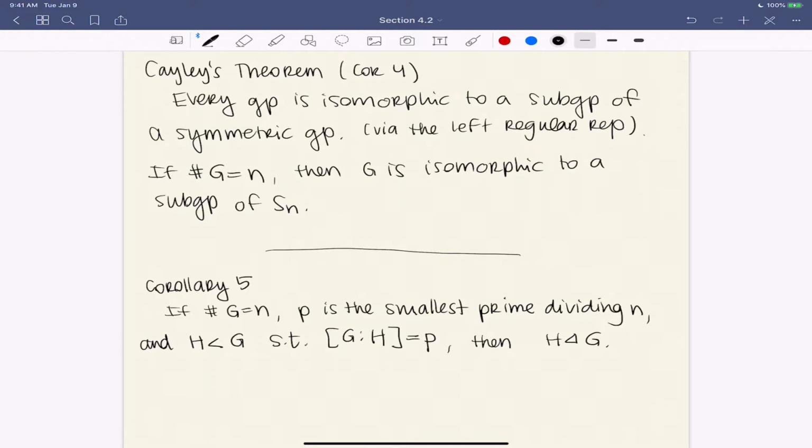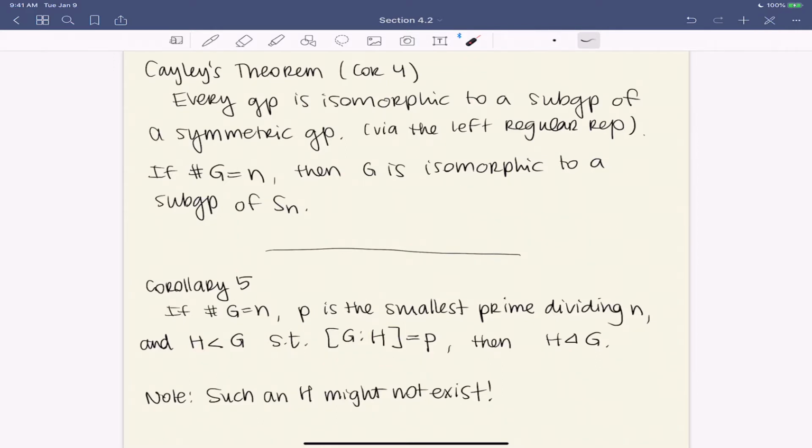I want to make a remark before I sketch the proof. Note, such an H might not exist. If P is any prime dividing n, there's a subgroup of order P. But here I'm talking about a subgroup of index P. That might not exist.